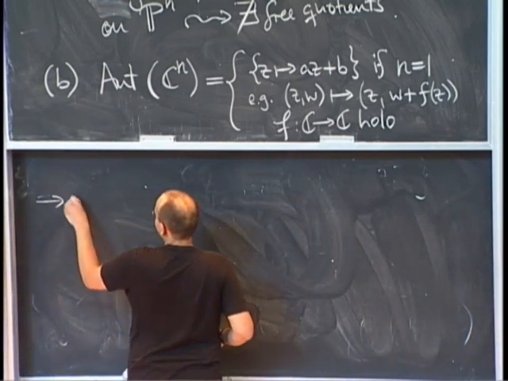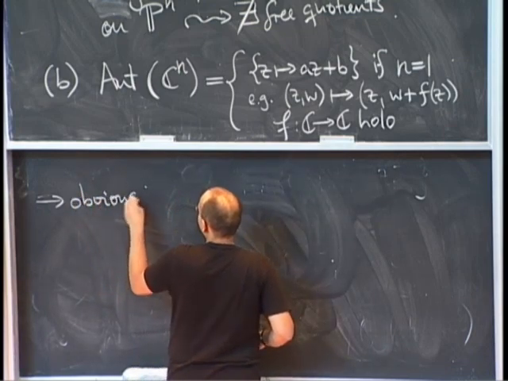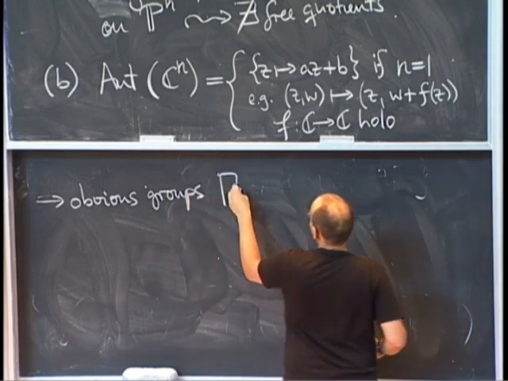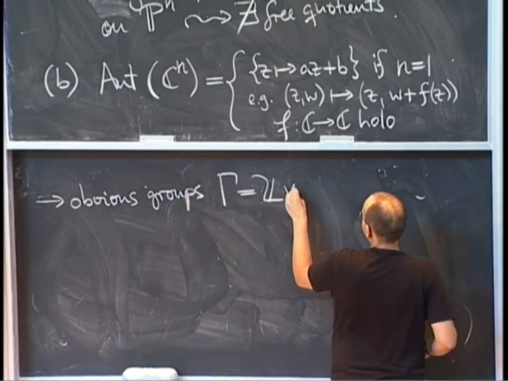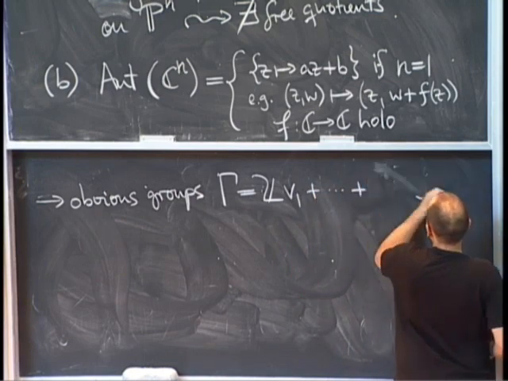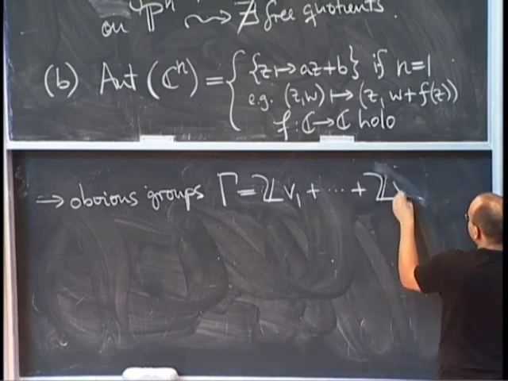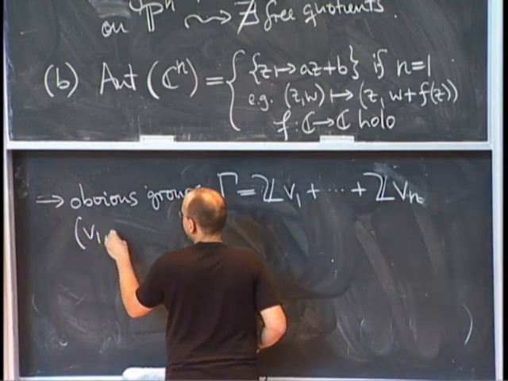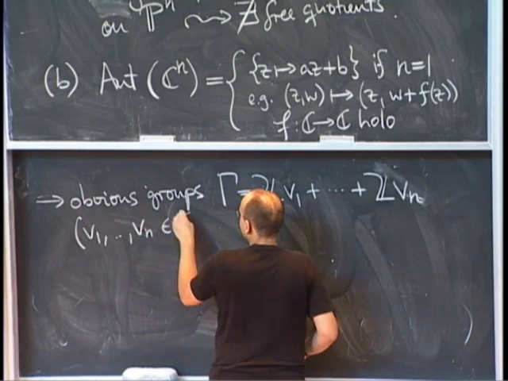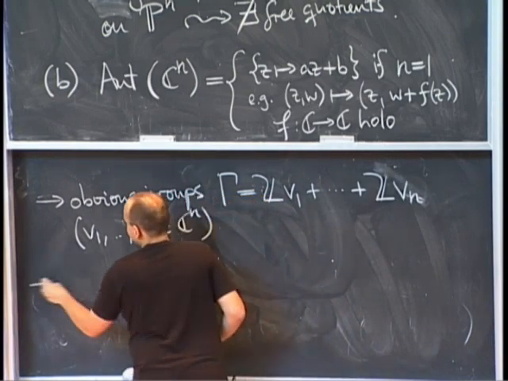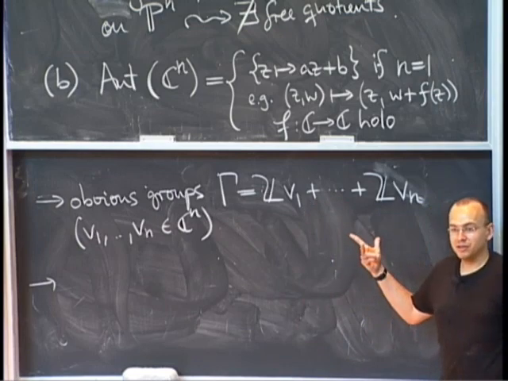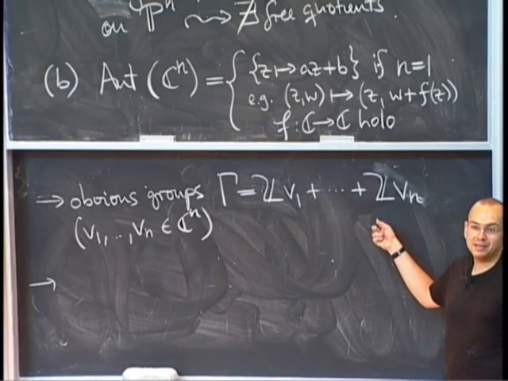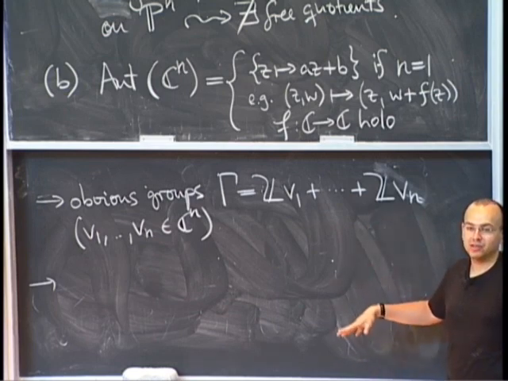So you have obvious groups that you can mod out by. That's just discrete groups of translations, where v1 through vn are vectors. And if these guys are linearly independent, so if they span the whole space, then your group is what you would call a lattice, and the quotient is actually compact.